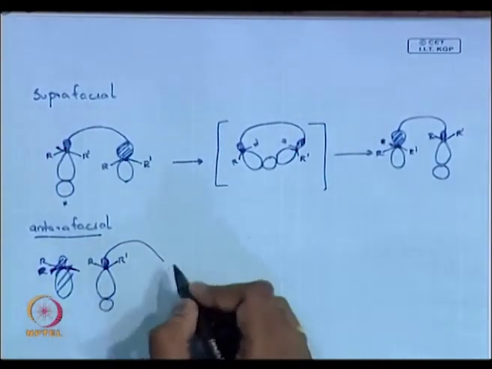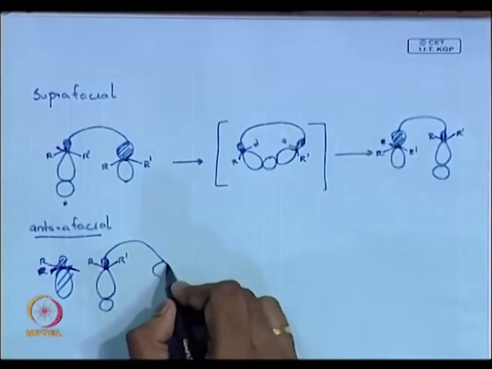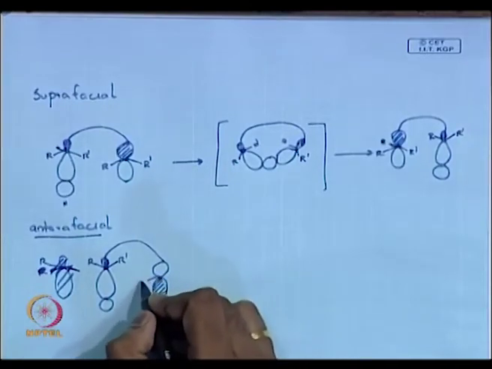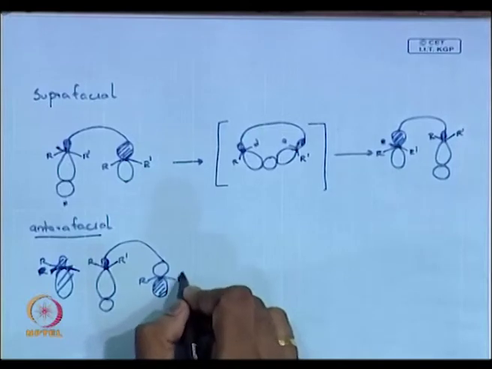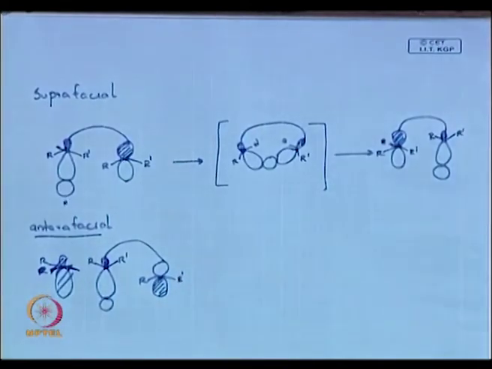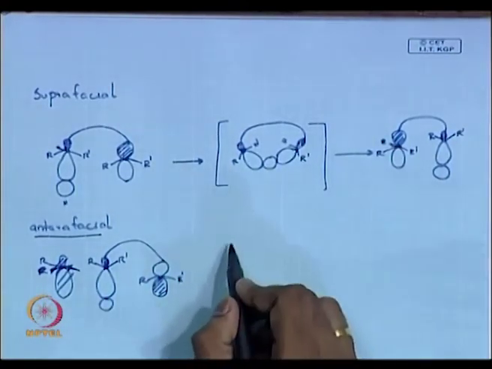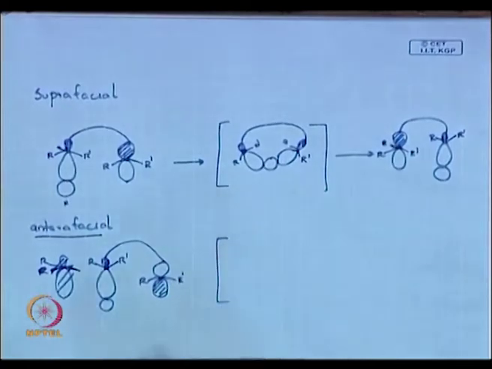See, antarafacial means your orbital will be in the opposite thing. So, now can you think how to draw this? Can you think this way, how the antarafacial looks, how these guys can move?